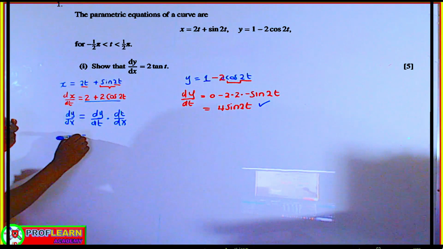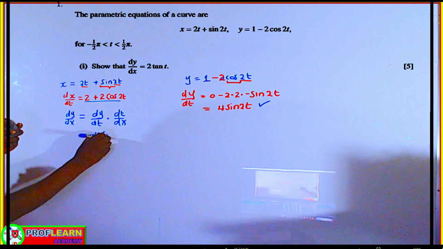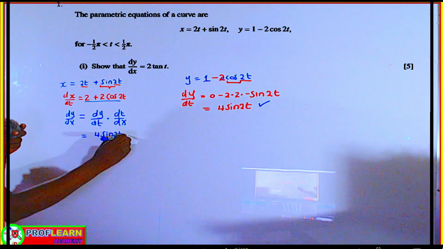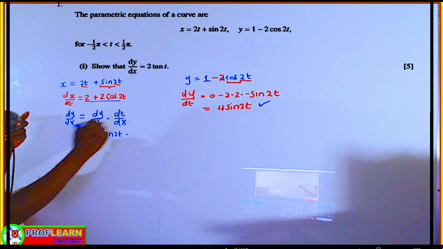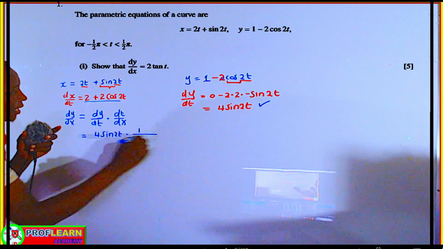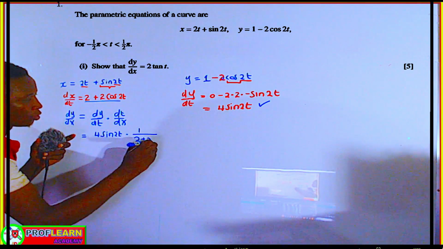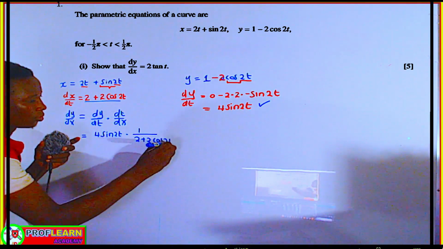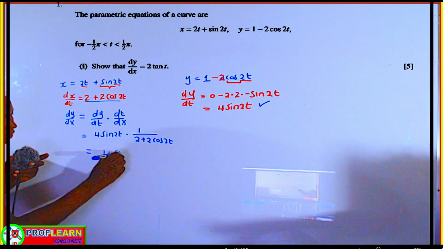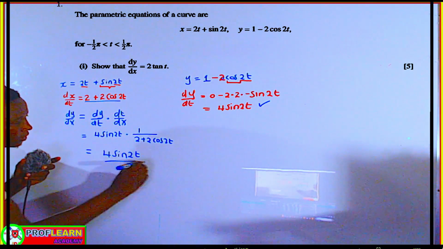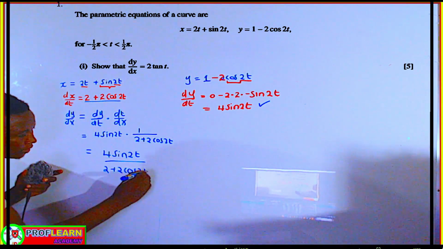So this is going to be equivalent to 4 sine 2t times dt/dx, which is actually going to be 1 over dx/dt. So this is going to be 2 plus 2 cos 2t, and this translates to 4 sine 2t divided by 2 plus 2 cos 2t.